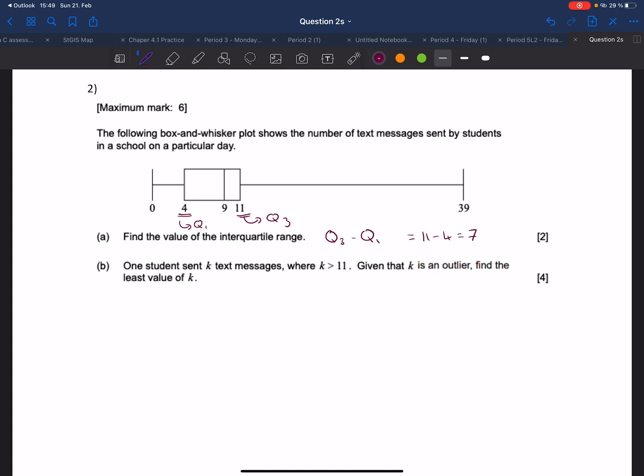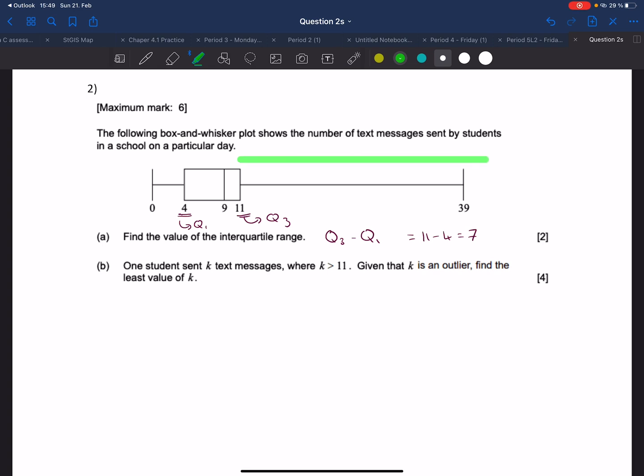The next question says one student sent k text messages, where k is greater than 11. It says given that k is an outlier, find the least value of k. So we're looking for a value in this region here, and we're wondering when it will be an outlier.